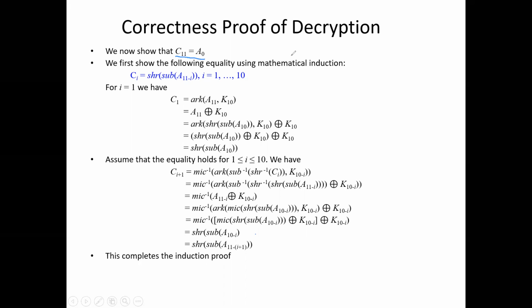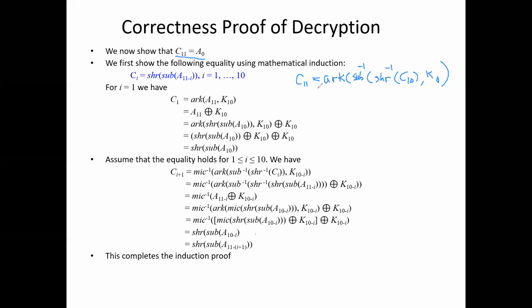So we know by definition, C11 is the last round: add round key, substitution by inverse, shift row inverse, on C10 and K0, because when we apply these round keys, we use the inverse order.